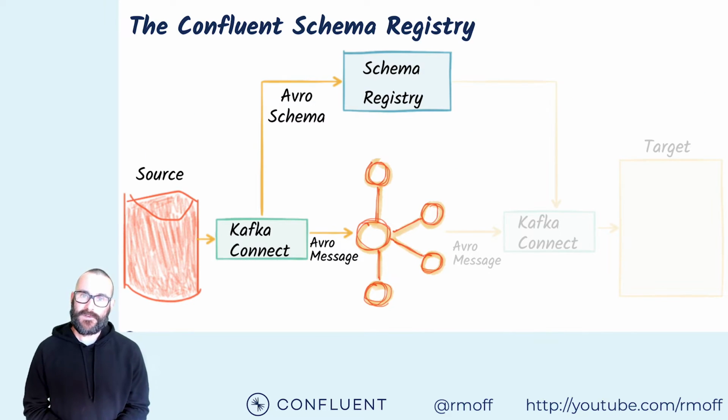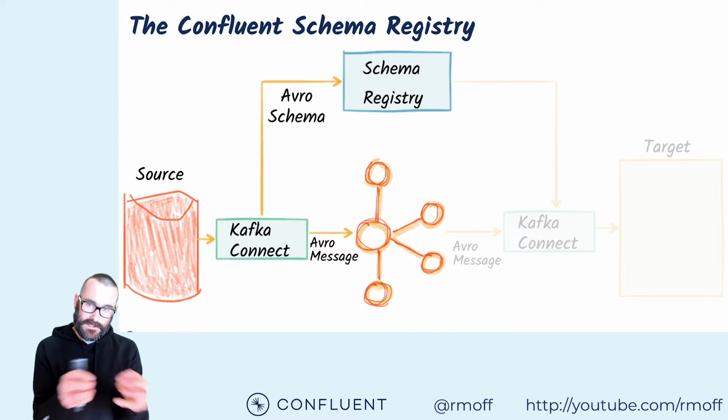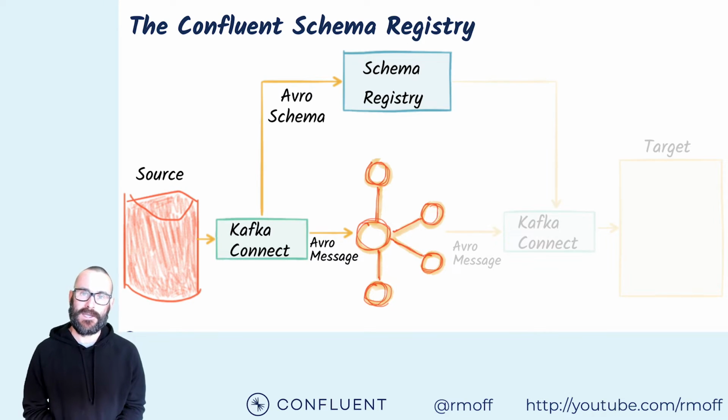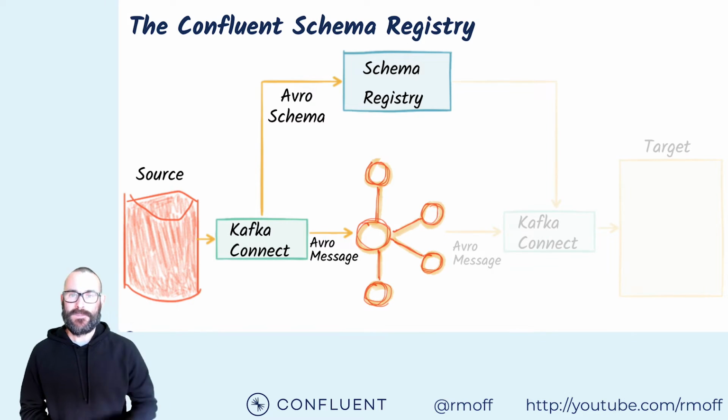With the schema for the data, it gets stored in the schema registry, and then Kafka Connect or any other tool that's writing to Kafka will write the message itself onto the Kafka topic. If we're using Avro or Protobuf, it's a nice small little binary representation of that data with a schema available separately.